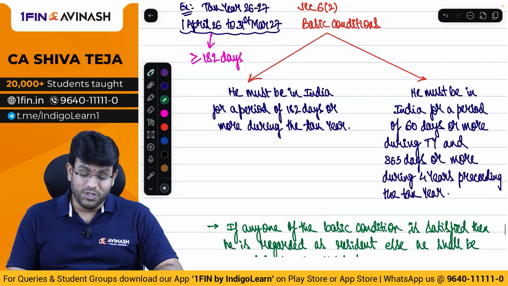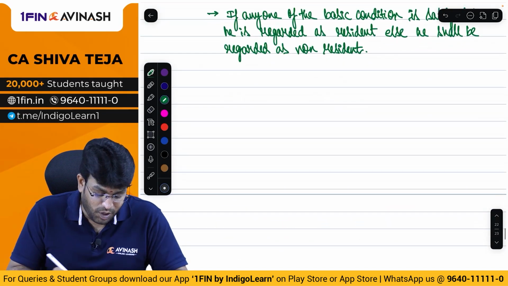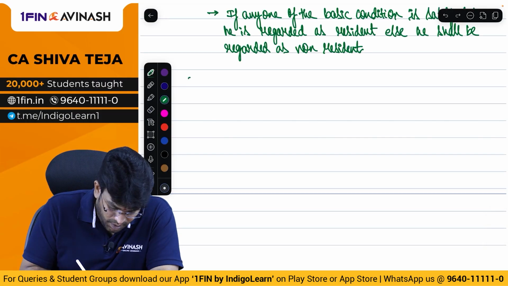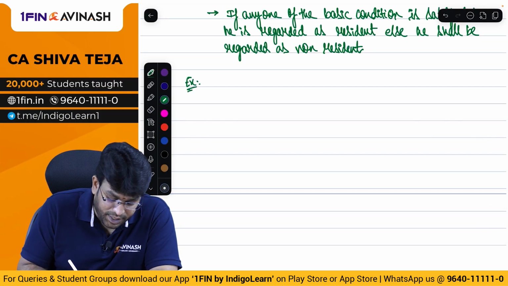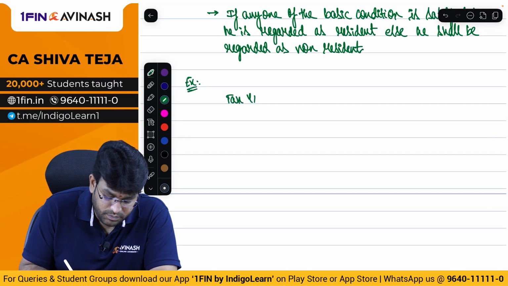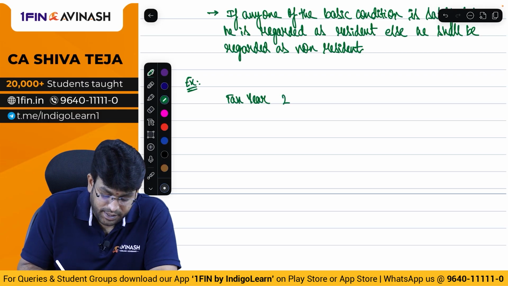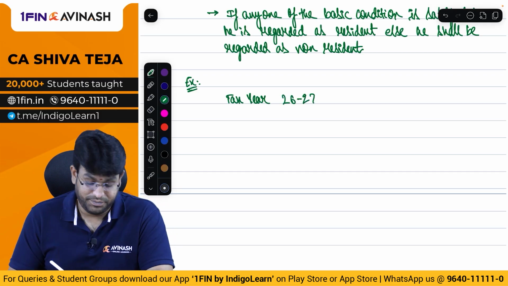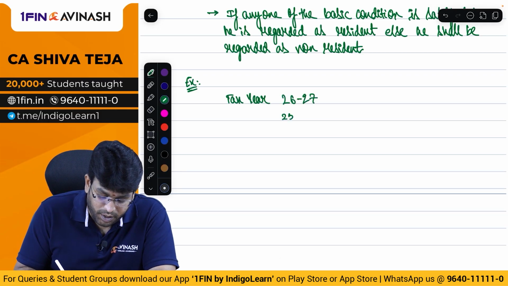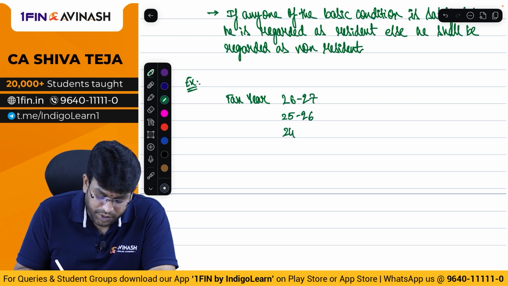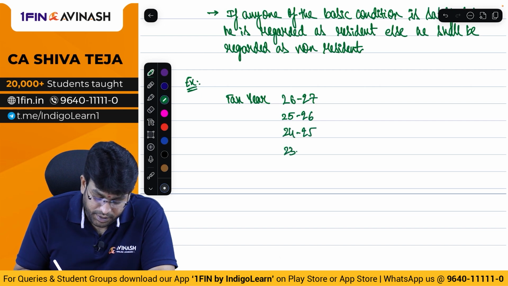Makes sense, right? So let me simplify the concept for you here. So let's say, for example, tax year is 26-27. 4 years before that is what? 25-26, 24-25, 23-24, 22-23.